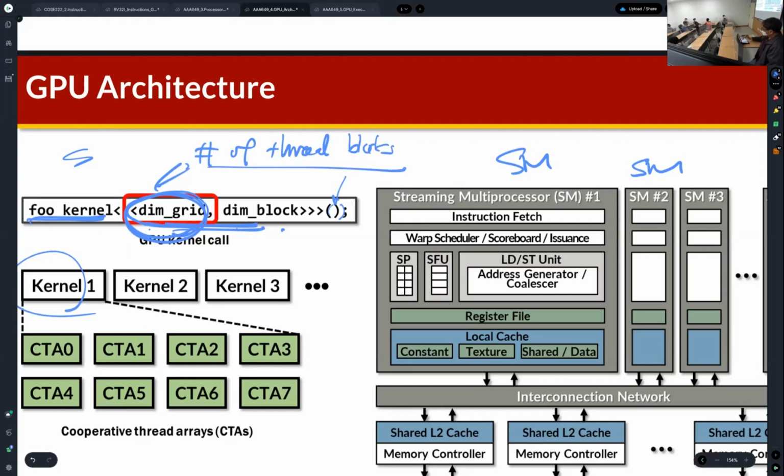These thread blocks are called CTAs, the NVIDIA terminology, which stands for cooperative thread array. So when the kernel is launched, it generates multiple CTAs based on the grid dimension. This example shows that the kernel generates 8 CTAs.